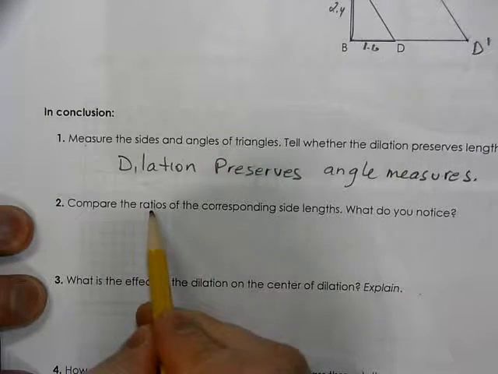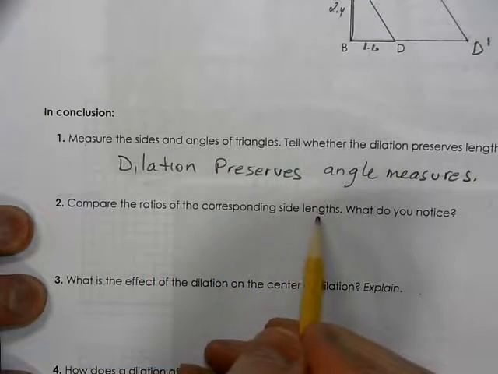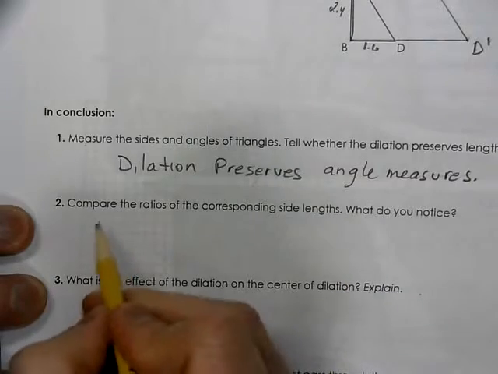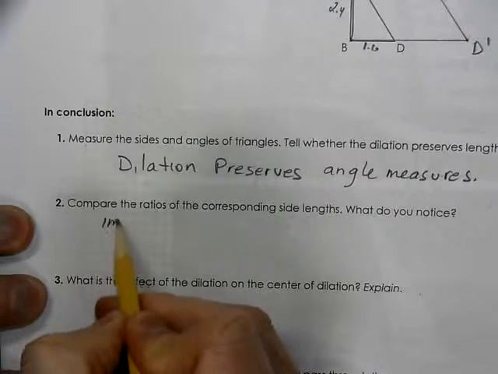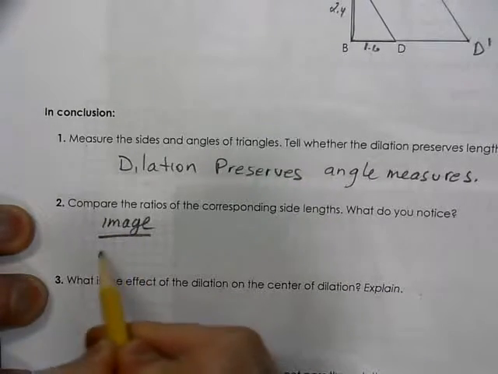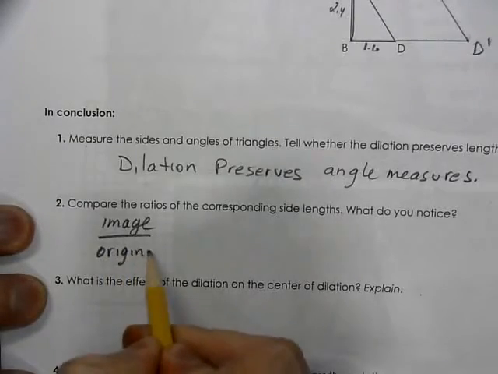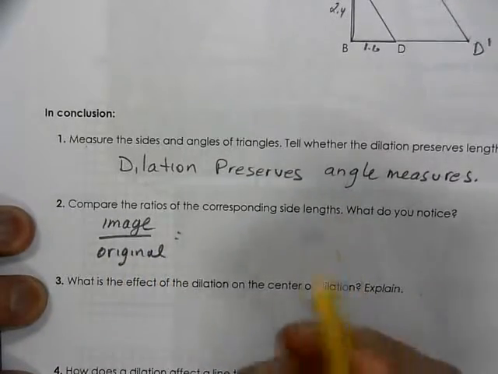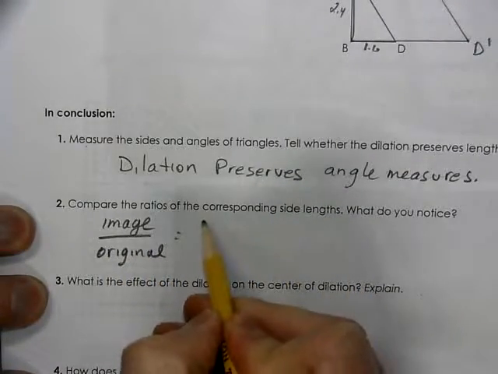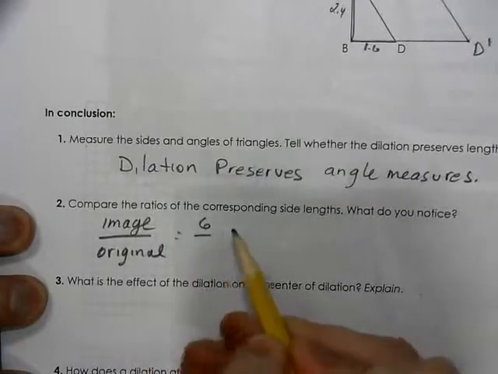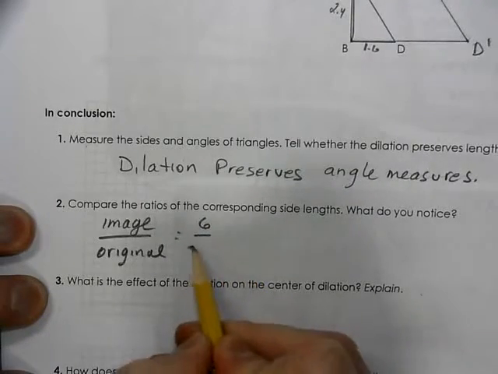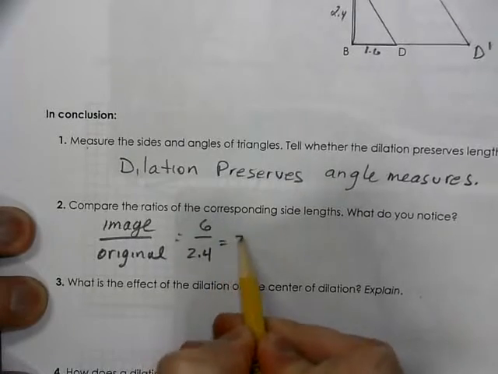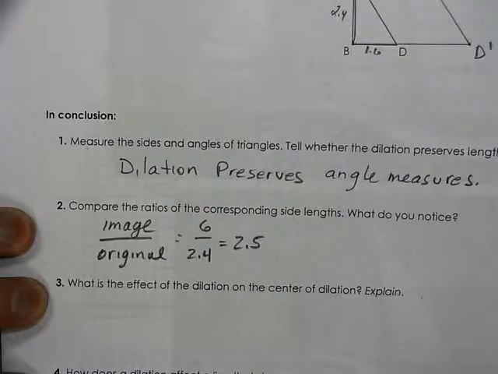Compare the ratios of the corresponding side lengths. What do you notice? If you look at the image over the original, the image we found was 6 and the original was 2.4. That would give us, using our calculator, a scale factor of 2.5. Of course it would. That's how we calculated the 6.